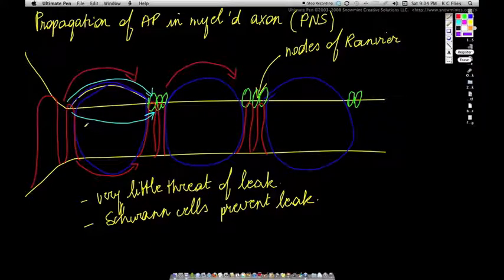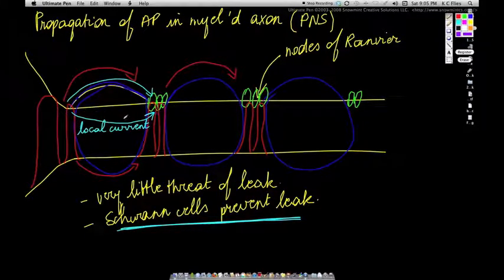This current has to travel quite a ways through the area that is covered by the Schwann cell, but since the Schwann cells prevent leakage, the local current maintains its strength. It doesn't lose much of its strength, and therefore the local current will actually reach threshold level at each node of Ranvier, allowing for these action potentials to recreate themselves from node to node.